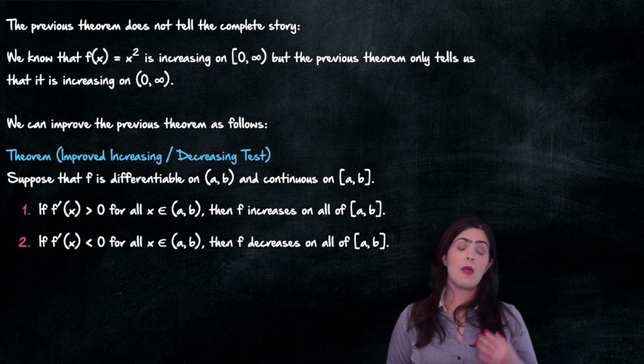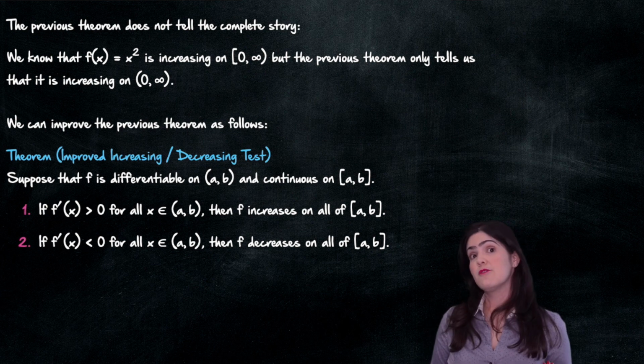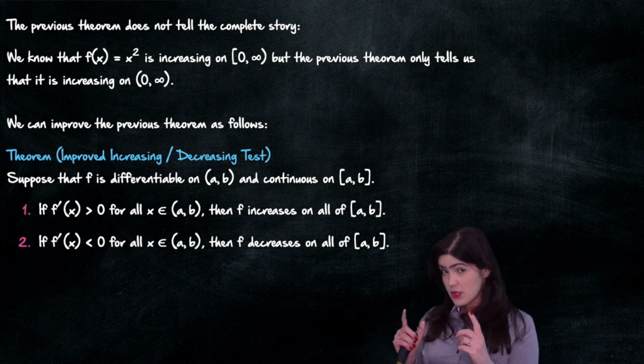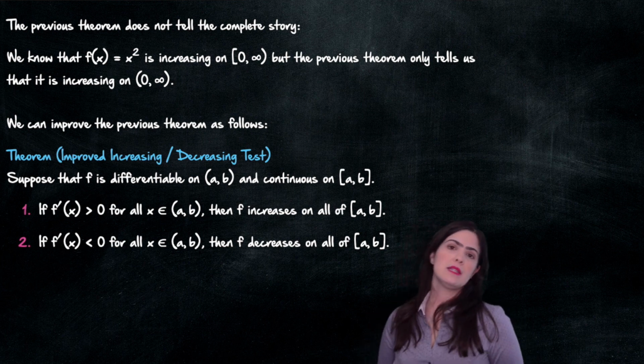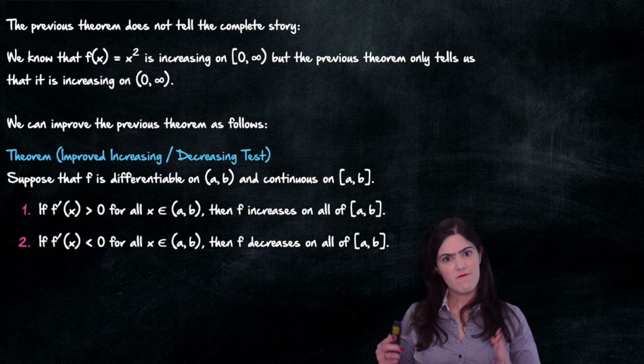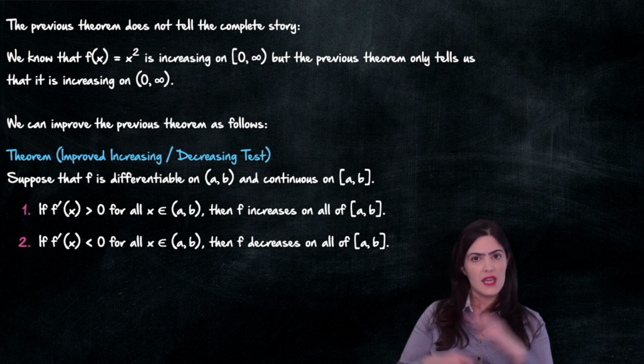And if I know that my function has negative derivative for all points in the open interval (a, b), and my function is continuous on the closed interval [a, b], then I can guarantee that my function is decreasing on the closed interval. This is a quite useful extension of the theorem.